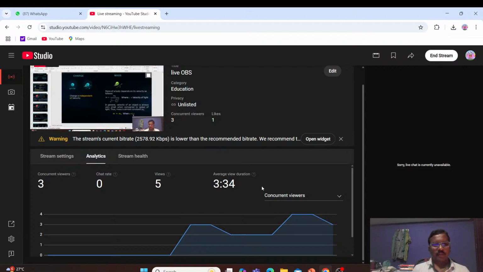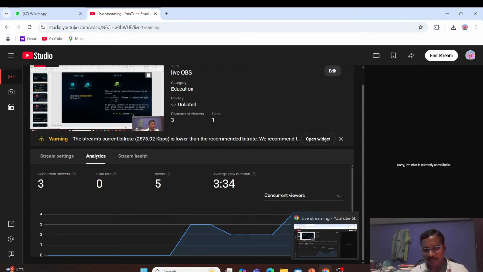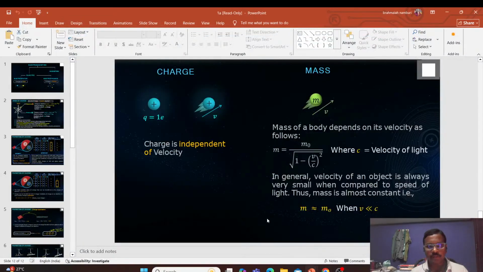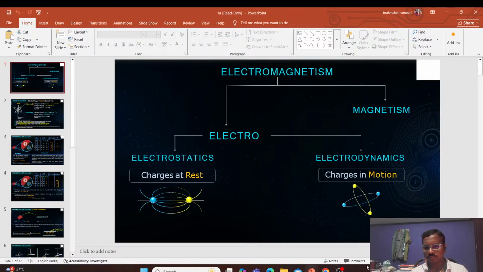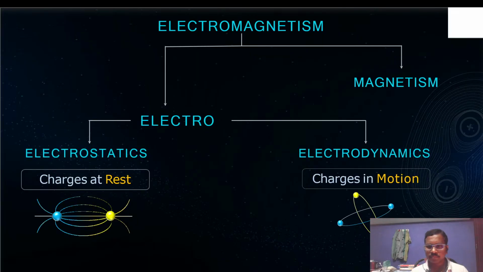Okay. Anyhow, we will start. Or later they will join. So this is electric field and charges, right?